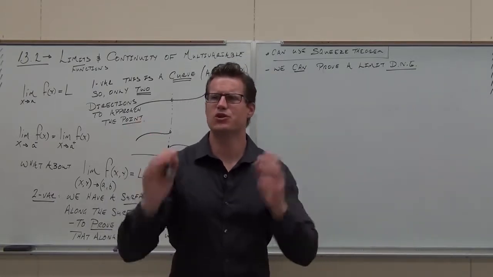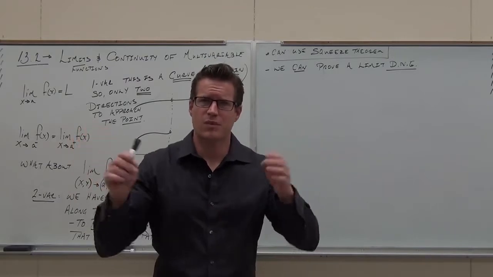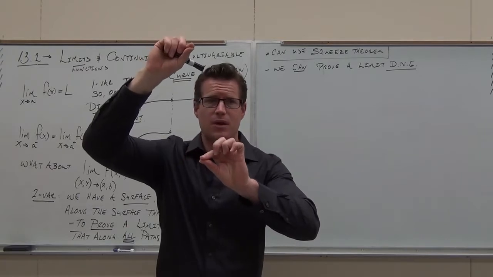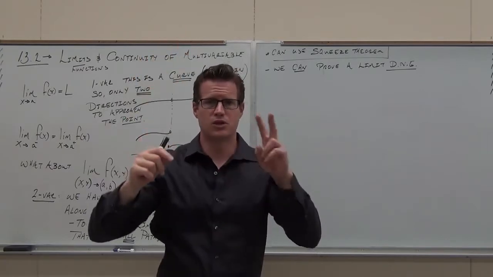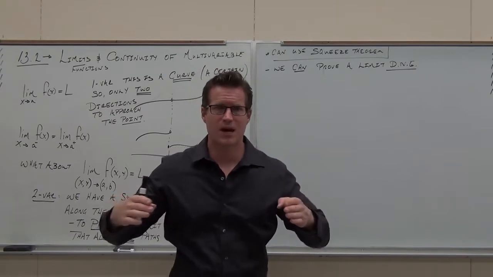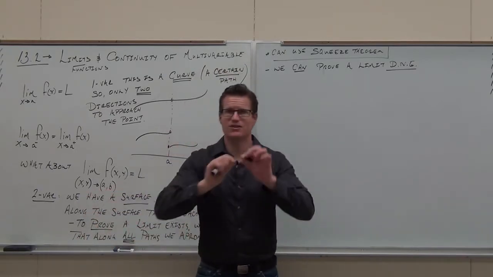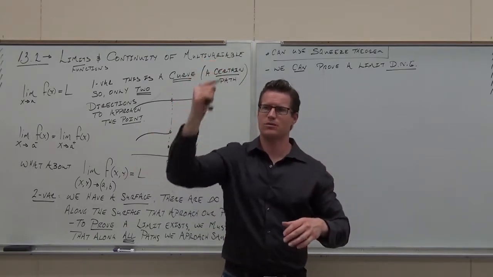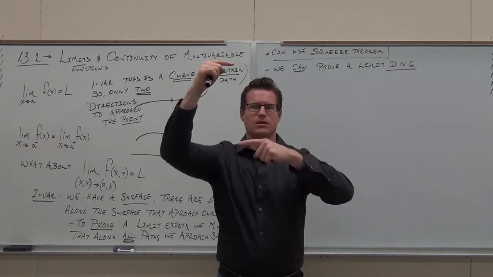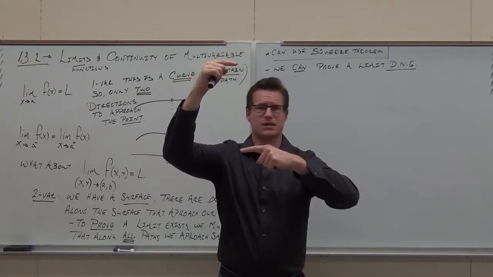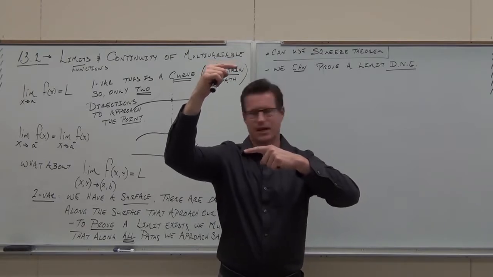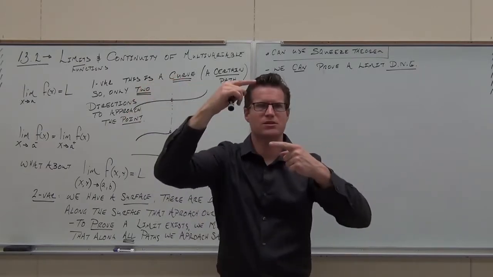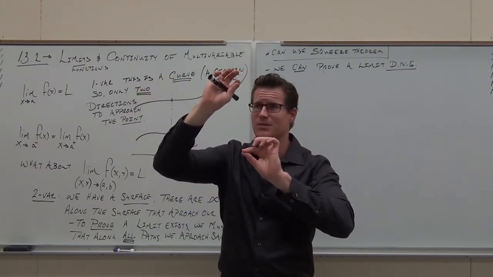But in general, it says this. Just find me two paths that when we approach my point, x y, give me a different height. I'm going to say that one more time so it sinks in, because some of you guys are zoning out already. Find me two paths that when I get to my x y, give me two different heights. That is what this situation would be in 3D. You go, hey, along one path, I'm up here. Along another path, same surface, I'm down here. That right there tells you you're not continuous at that point, and therefore the limit does not exist at that point. And it only takes two paths. Because if we can show two paths don't equal the same height, that is enough to say the limit doesn't exist. Why?